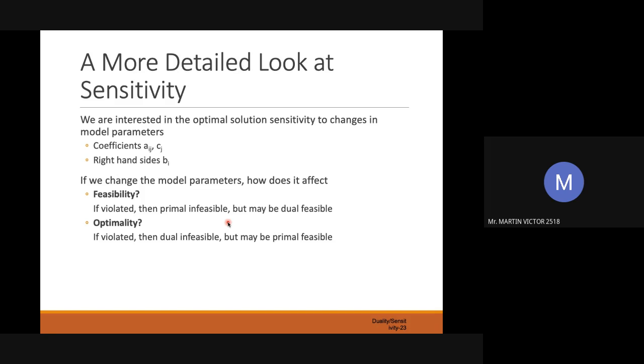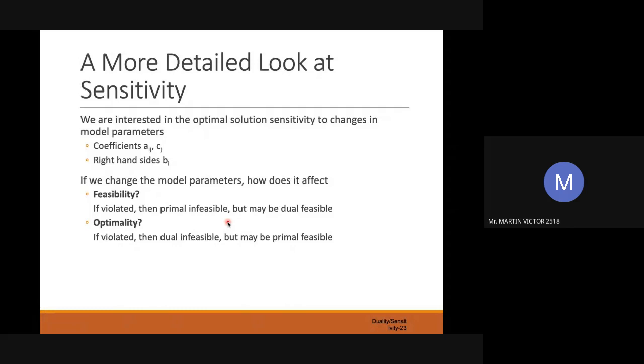So this is the analysis that we will be making after completing the problem, after finding the solution. If we change the parameters, how does it affect either the feasibility or the optimality? If feasibility is violated, then it is called primal infeasible, but maybe dual feasible. I want all of you to remember these words: primal, dual, primal feasible, primal infeasible, dual infeasible, and dual feasible.